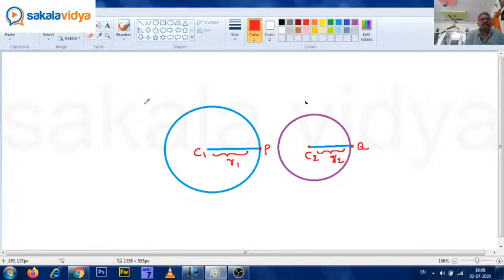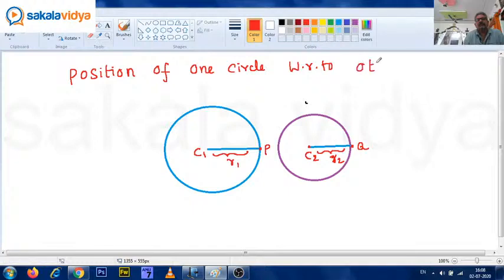So now we need to discuss the position of one circle with respect to other circle. So we talk about the position of one circle with respect to other circle.